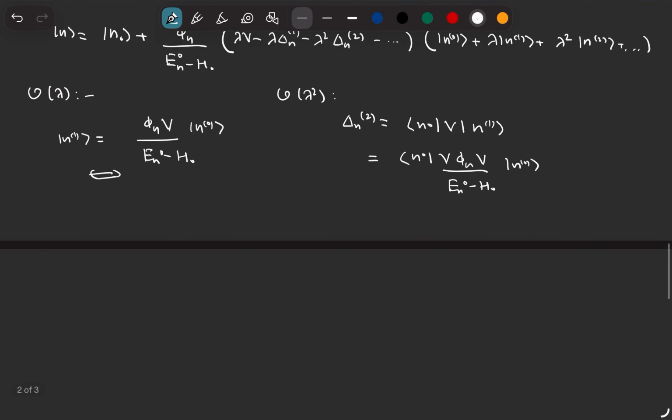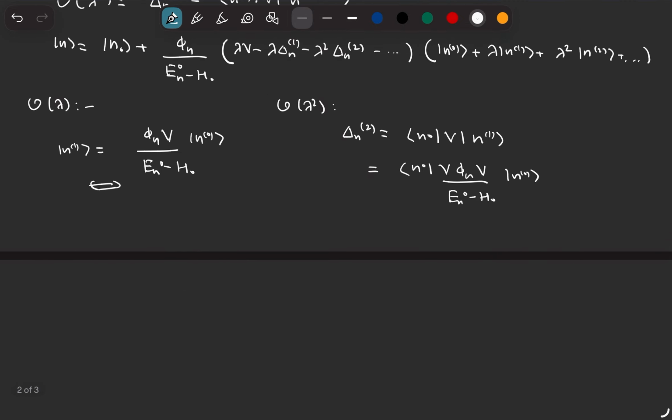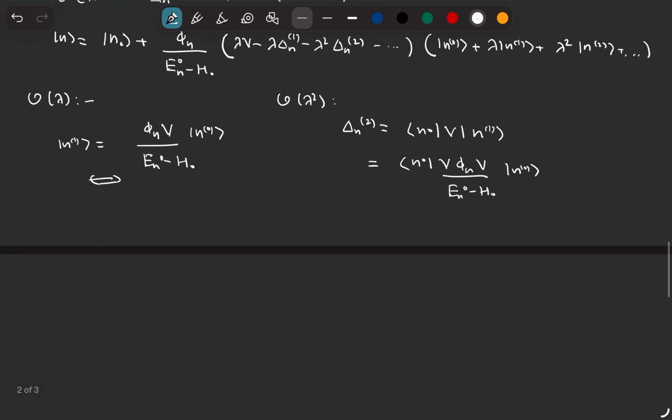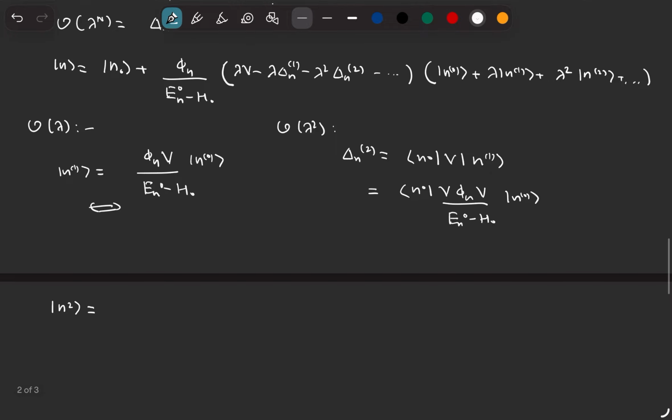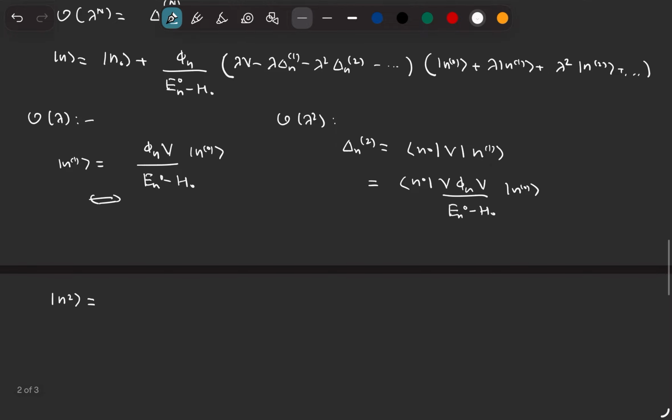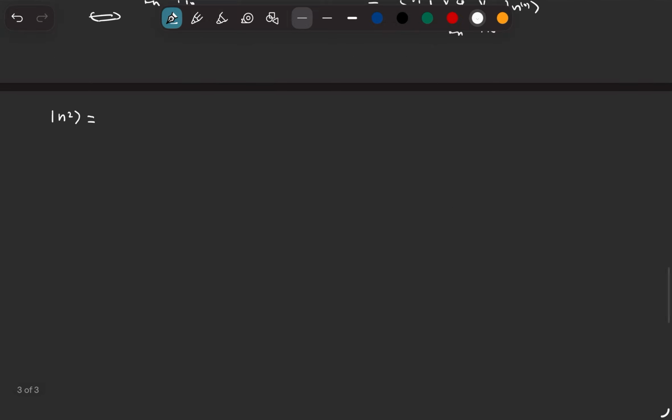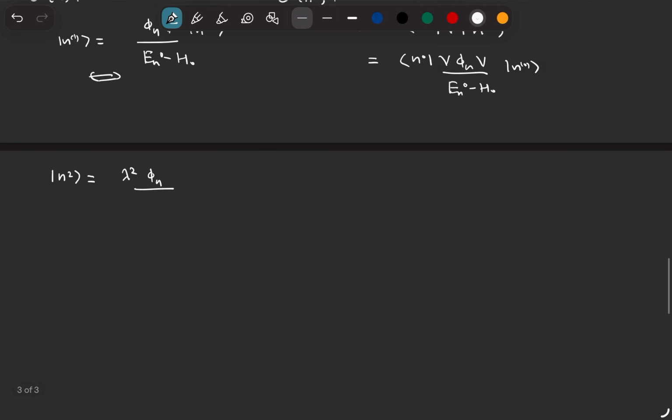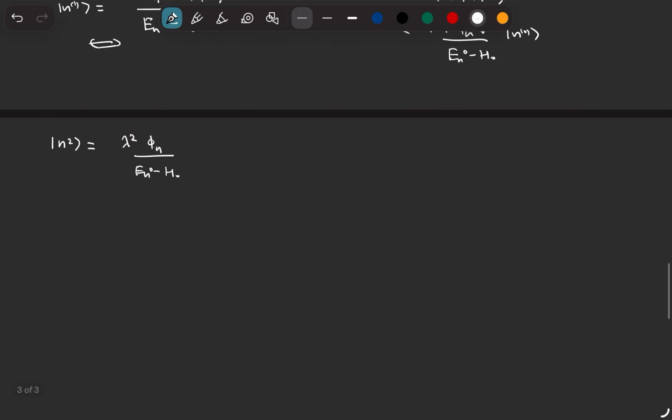And now we can use this to get n2. Let's get n2 first of all. For n2, let's collect all the lambda squared kind of terms. We will have lambda squared phi n upon n0 minus of h0, n2.